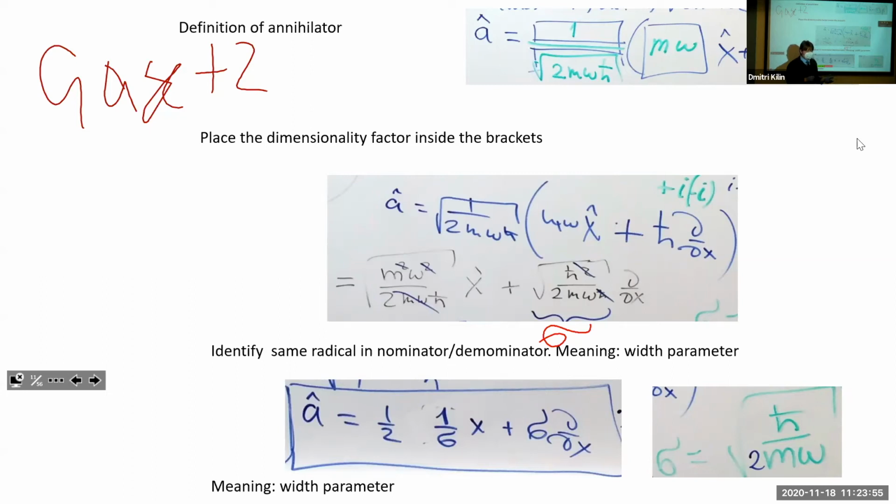The lesser the number of symbols I write, the happier I am. So this square root of Planck constant over 2 mass and frequency will be sigma, and it's natural because it will be related to the width of the distribution. And then by using the substitution, the annihilation operator will be 1 over sigma times position, and then sigma times derivative.